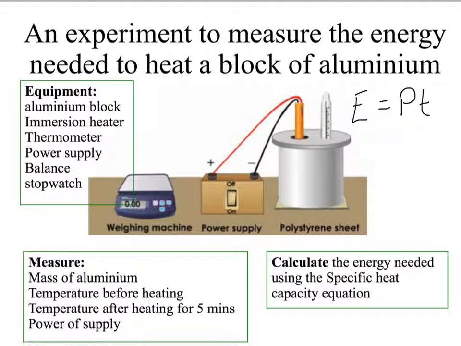And to do that, we would need to use our equation that the energy is equal to the mass times the specific heat capacity times by the change in temperature. And if we know the energy, the mass, the change in temperature, we could then calculate the specific heat capacity. And that's it for this section of P1A, specific heat capacity.